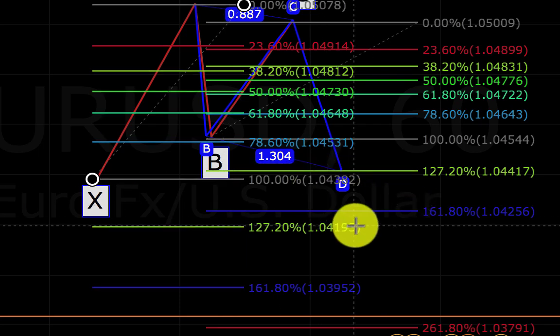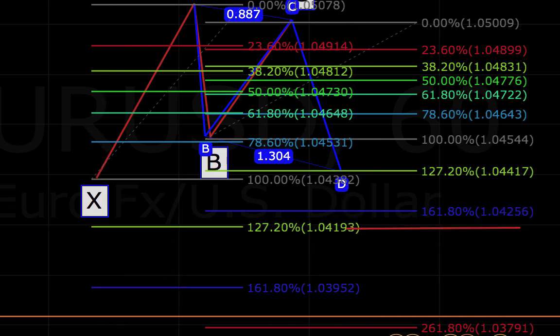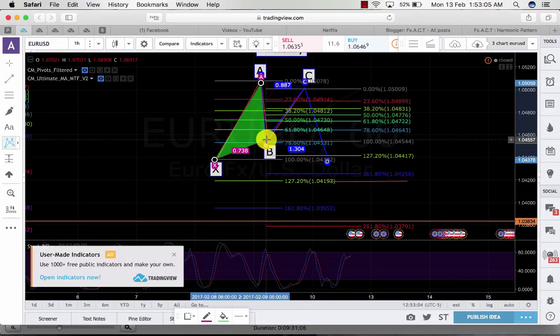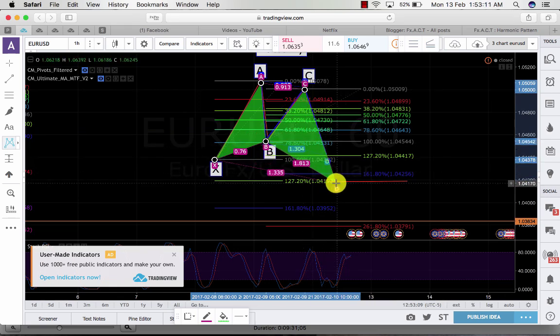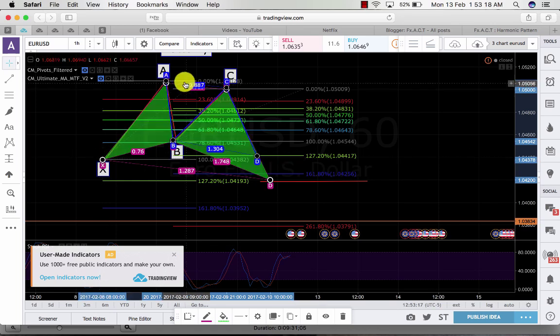So this is the 127. So we would expect that the D point of the butterfly will be at that point here. So the butterfly has an ABCD pattern and it's 127% of XA, and it's between 161 to 261% of BC.